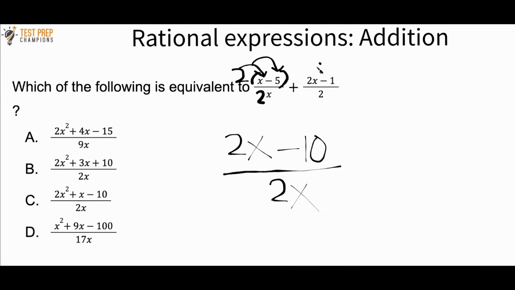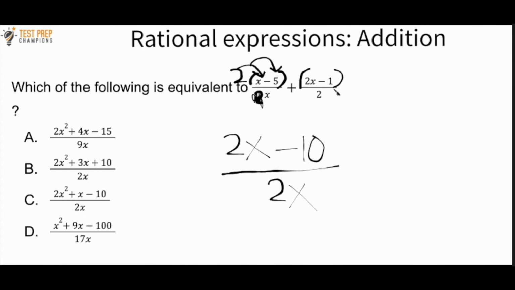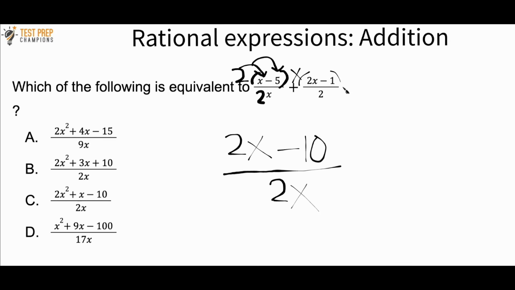Now I come over to my second fraction, this 2x minus 1 all over 2. I have to remember that originally, before I had this 2 here, all I had in the denominator of the first fraction was an x. So I'm going to have to multiply both the top and the bottom of the second fraction by x. I'm going to distribute it.